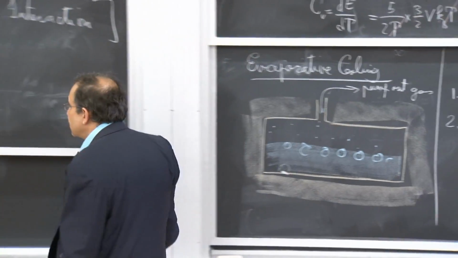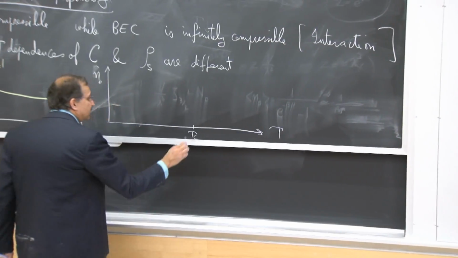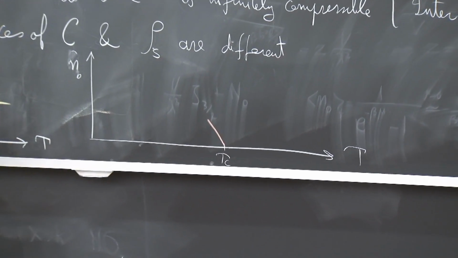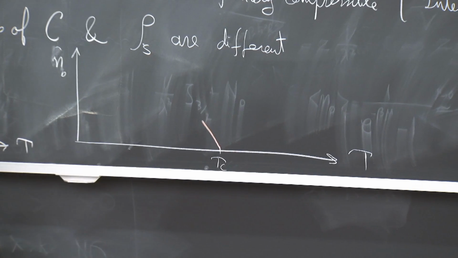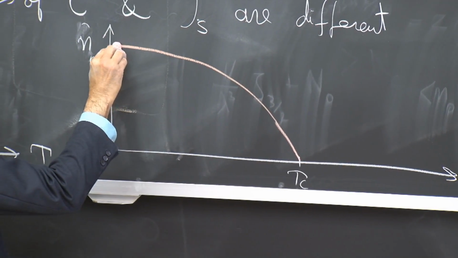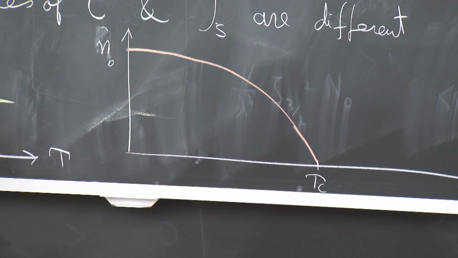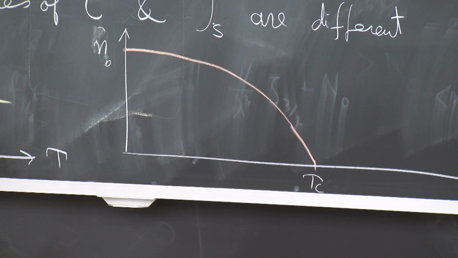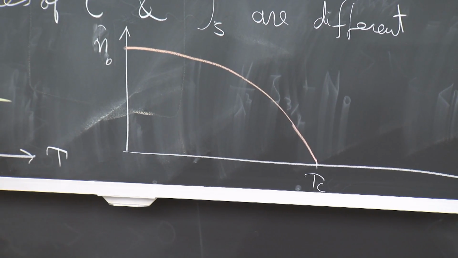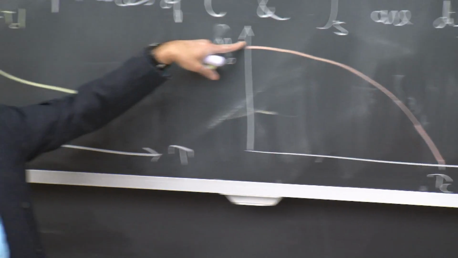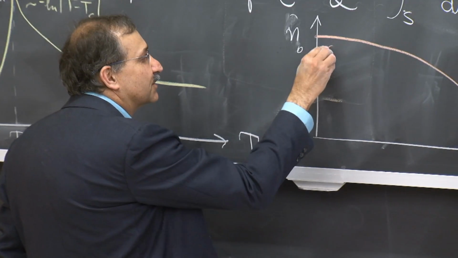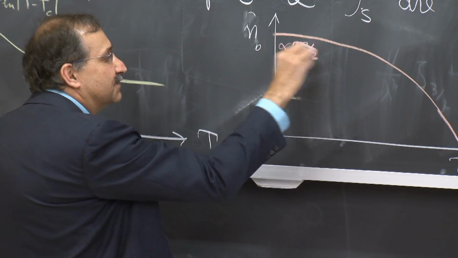Let's use the green. Essentially, the curve will come down to Tc linearly, and then it goes up and reaches its asymptotic value. From this result, the fraction that is excited, the difference to 1, is proportional to 1 over lambda cubed. So this goes like T to the 3/2.